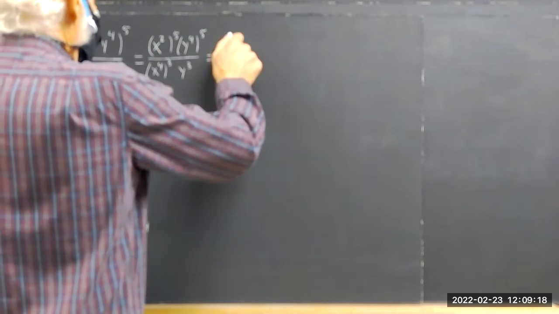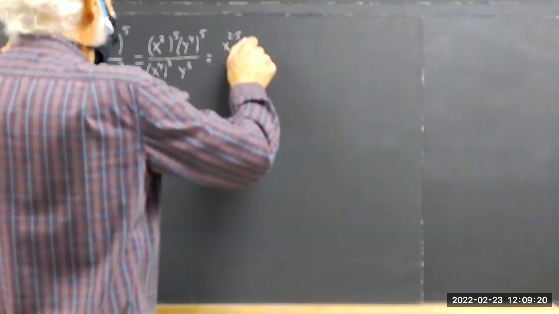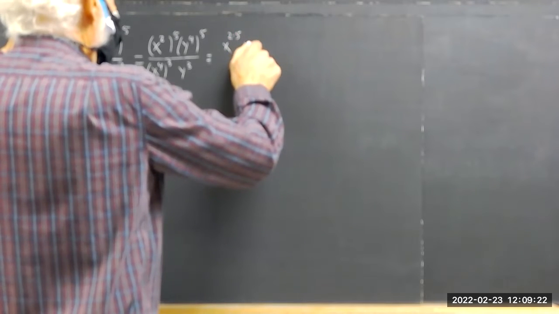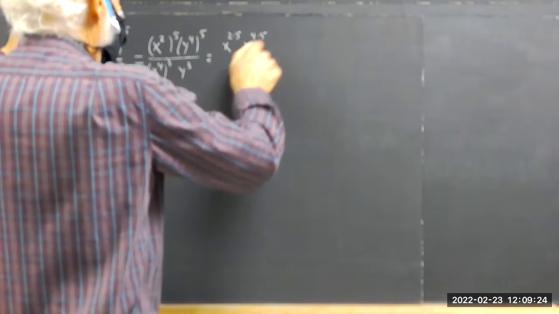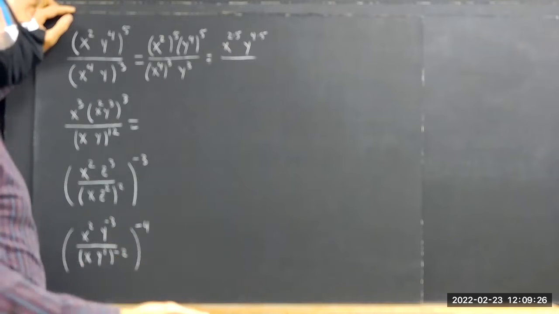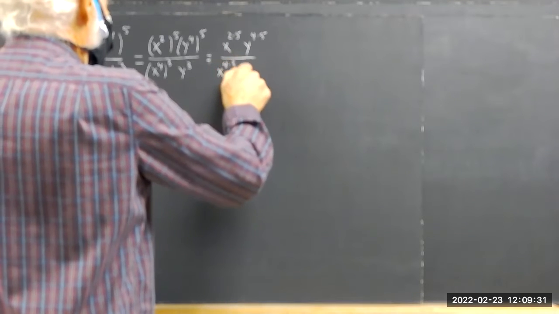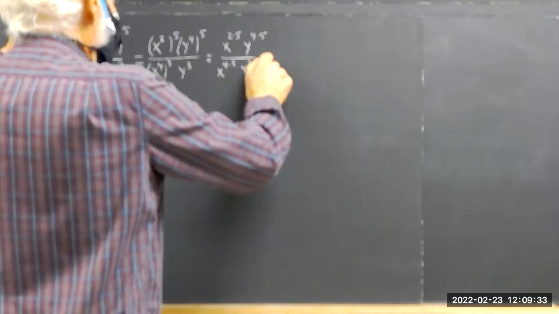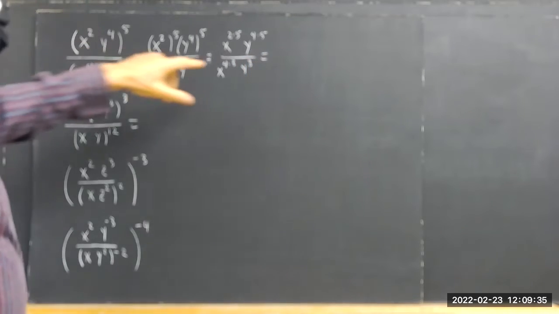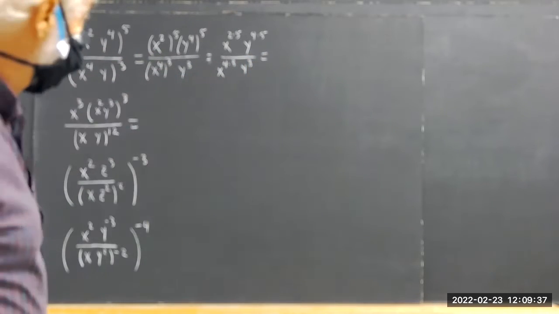And x squared to the fifth is x to the 2 times 5. Y to the fourth to the fifth is y to the 4 times 5. Reinforcing the rule. Good idea. So writing it out in detail, this is what we have.